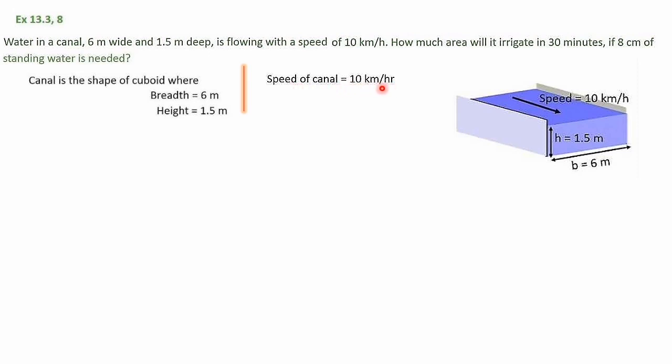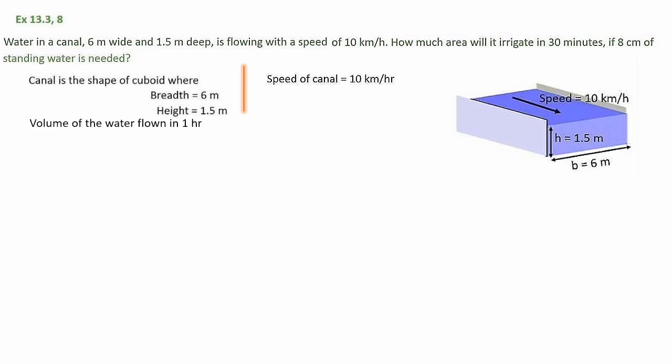We can consider this as the length of the canal, or the length of the water which is flowing. So the speed is 10 km per hour, meaning in 1 hour water will flow 10 km. We will consider this 10 km as the length of the cuboid.